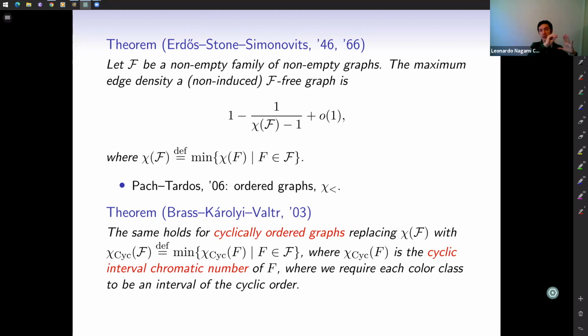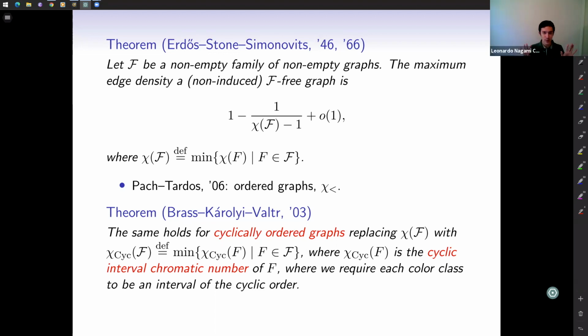And a copy means the relative cyclic order is the same as you see in the graph, and it's a supergraph, so you can add edges, but you cannot remove. Okay, so what's important here is the relative ordering. Yes.